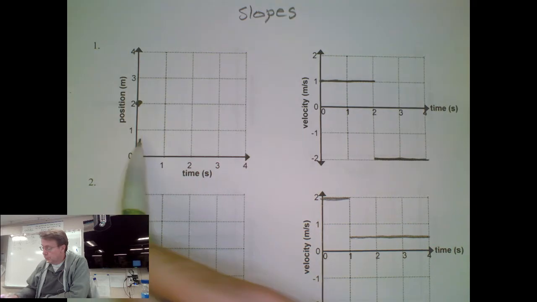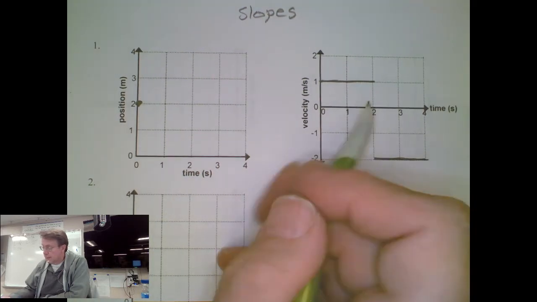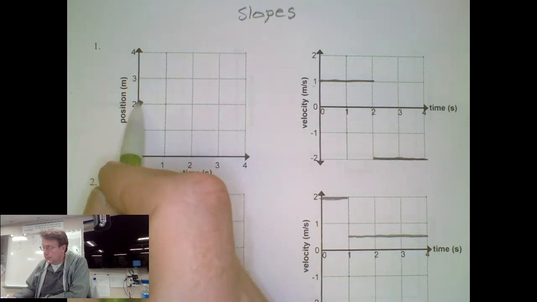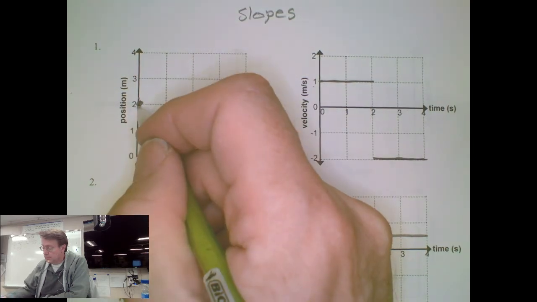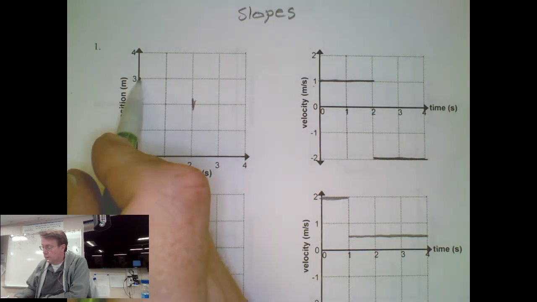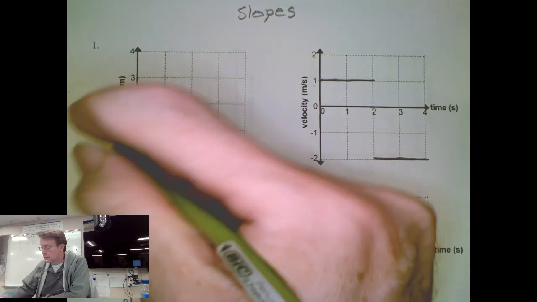So for the first 2 seconds, I have to have a slope of 1. So for here to here, my line has to rise with a slope of 1. It goes up 1 meter in a time of going over 1 second.